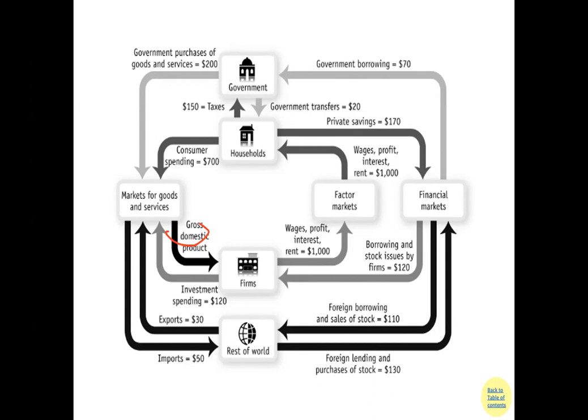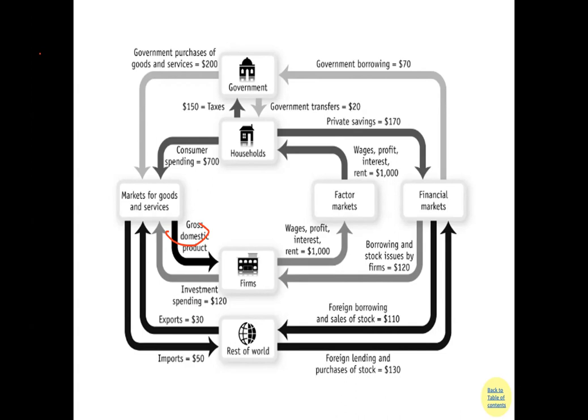And then finally, we have net export. So what is net export? Net export here is 30 minus 50, right? So we end up with net export equal to negative 20. Now we add everything together.